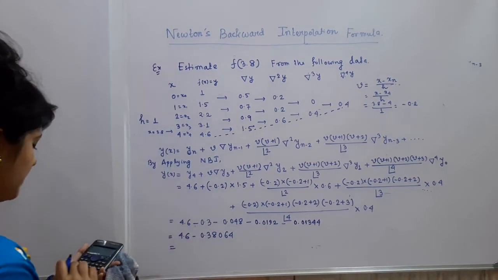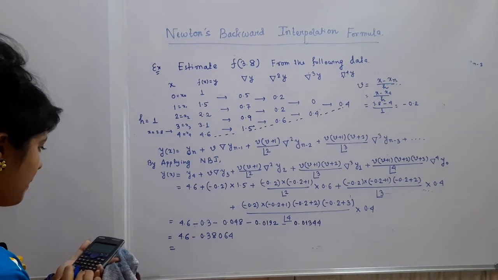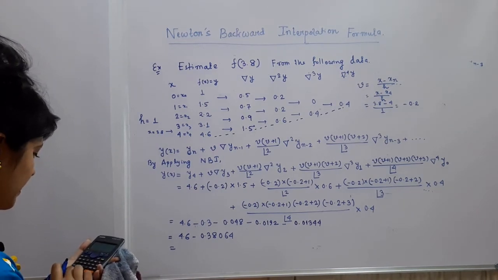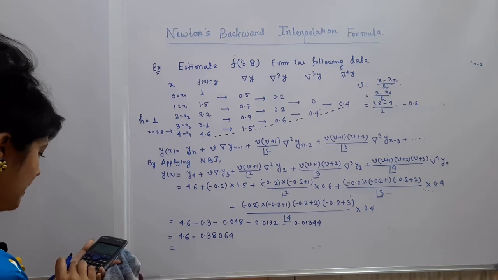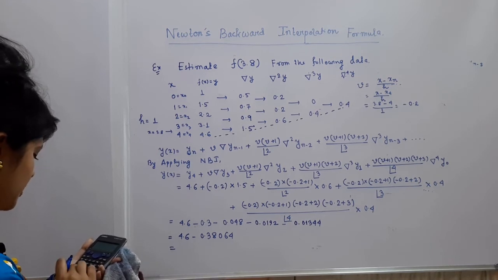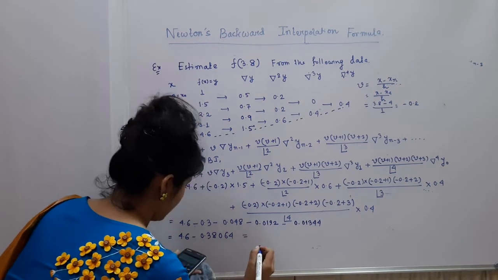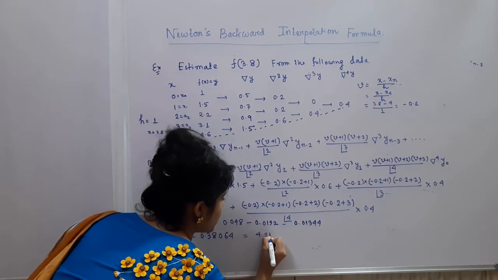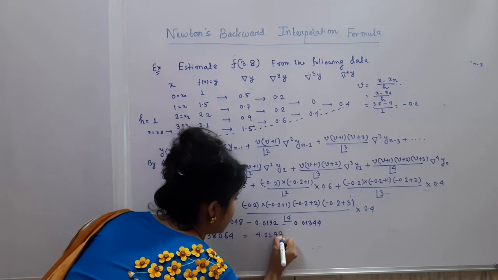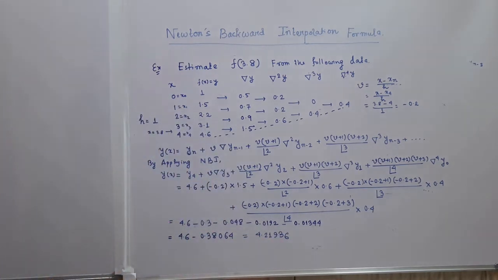So finally 4.6 minus 0.38064. So that is, I am writing here, that is equal to 4.21936. Okay.